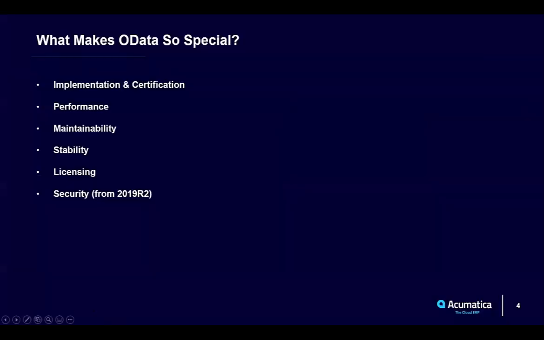So what actually makes OData so special? First of all, it's extremely easy to implement. Most of your development endeavor will lie in designing the generic inquiry which you need to use the OData interface, right? Since it's easy to implement and it's a very lightweight interface, it's also very easy to certify.